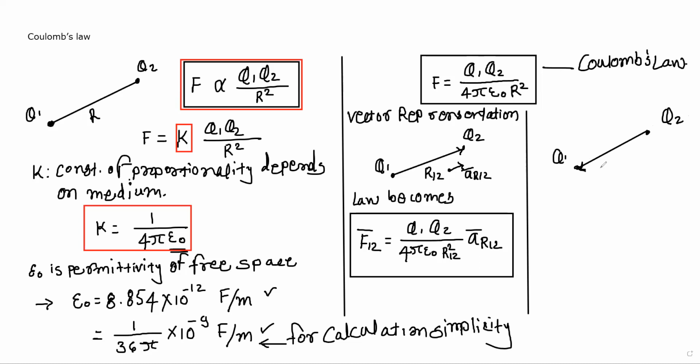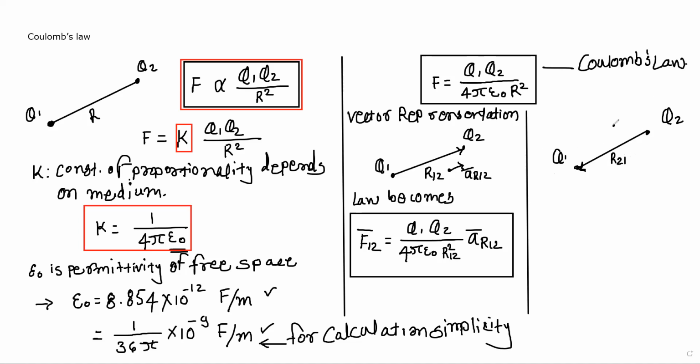In this case, the distance is the same, but the direction is changed. So the distance is the same, r, but the suffix will change, r21. The magnitude is the same, but I'm changing the notation because it is from Q2 to Q1. That's why r21 is the distance now.